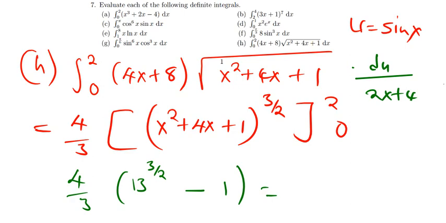So let me teach you a bit of some of these things. When I say 13 to the power 3 over 2, the implication there is that the 2 can become the square root, and then the 3 would become the power.